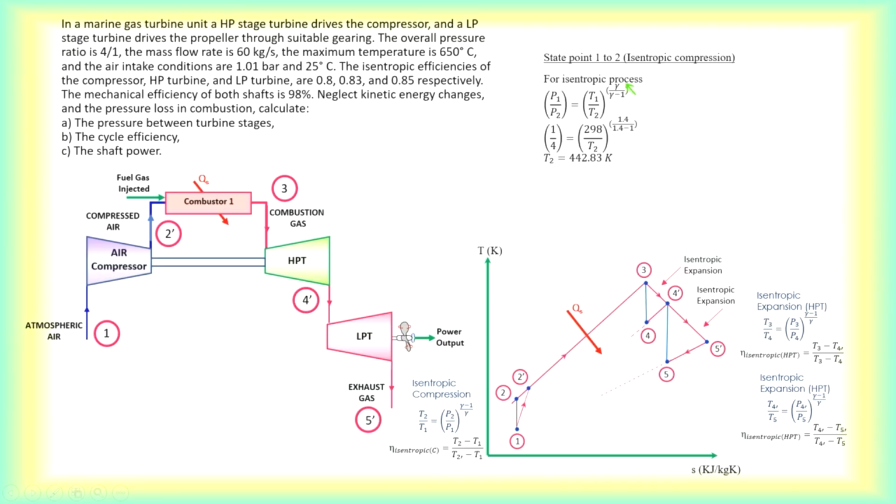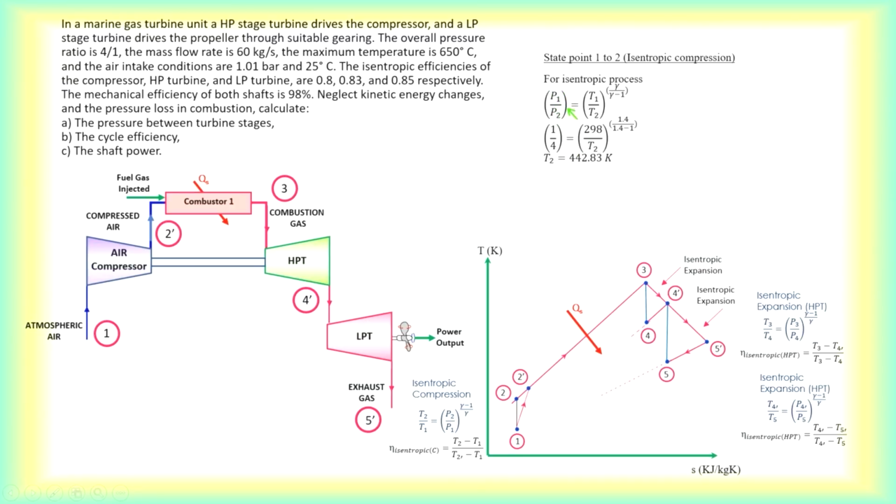That is why it's gamma over gamma minus 1, and not gamma minus 1 over gamma. Purposely, so that you know what happens when you put the power on the temperature side and what happens on the pressure side.